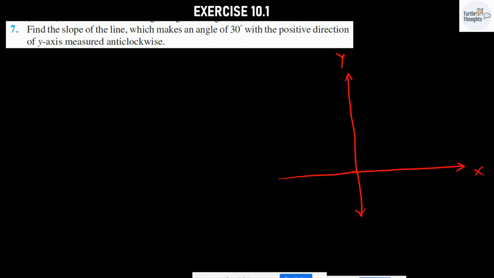Okay. So positive direction of y-axis, meaning that where do you think the line is going to be? Any idea? This side or this side?